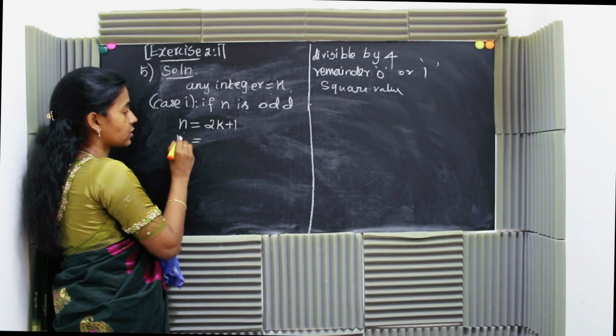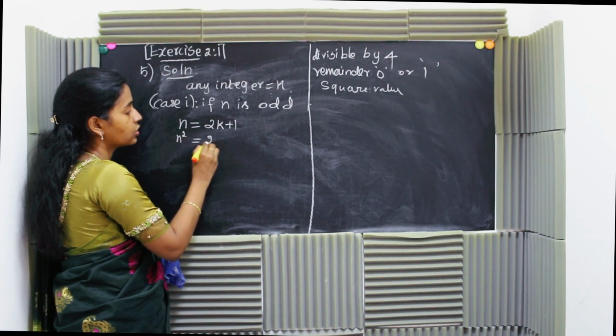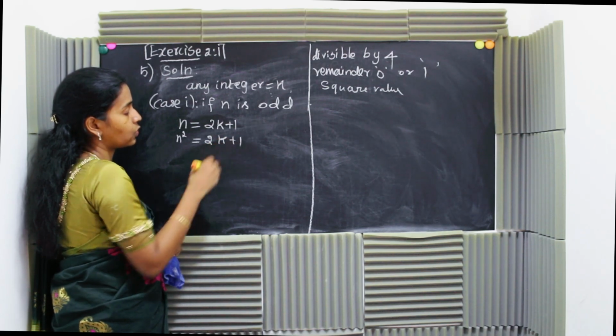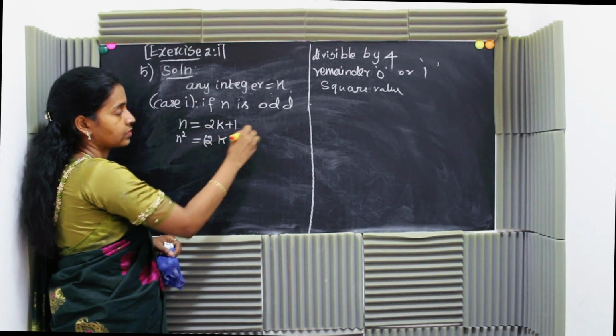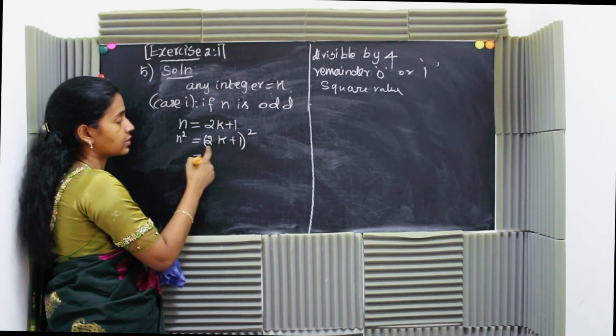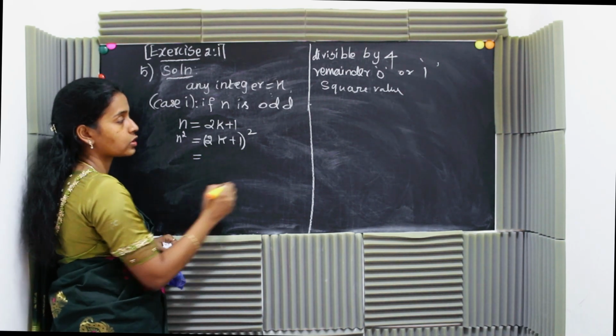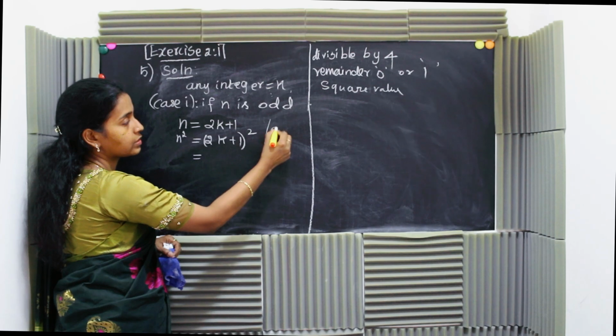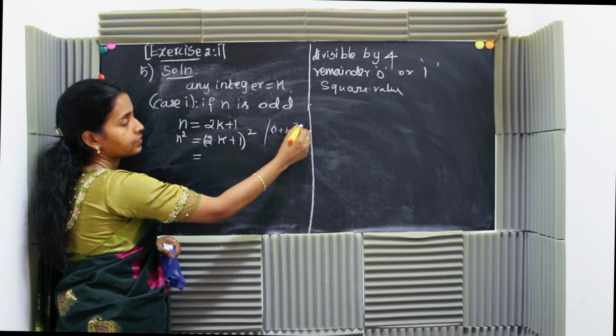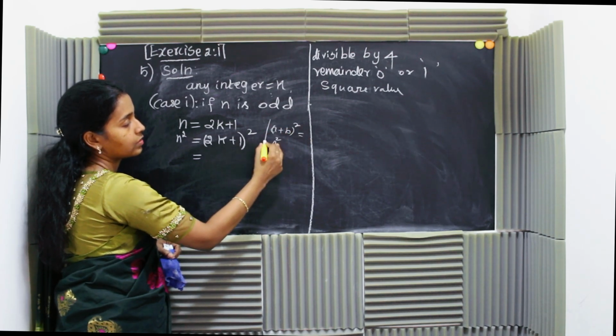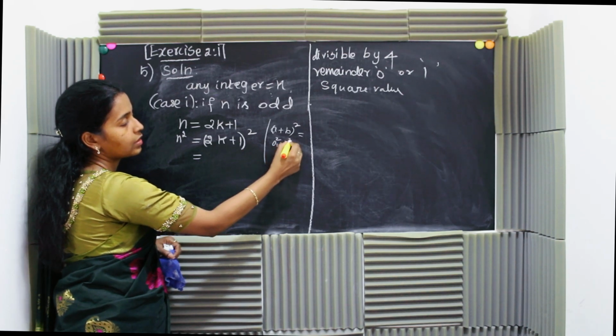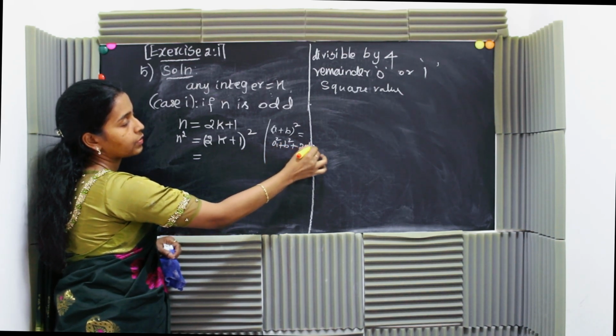Then n square is 2k plus 1, the whole square, right? This is in the form of a plus b the whole square. What is a plus b the whole square? a square plus b square plus 2ab.